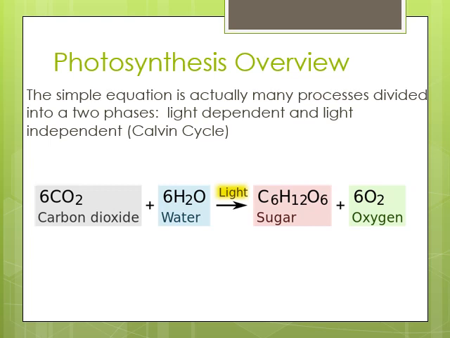It's made up of two distinct steps, the light-dependent cycle and the light-independent cycle. The light-dependent reactions, otherwise known as the photosystems, and the light-independent, the dark reactions, otherwise known as the Calvin-Benson cycle. When you combine them both together, the net result is 6 CO2 plus 6 H2O yields glucose and 6 oxygen.